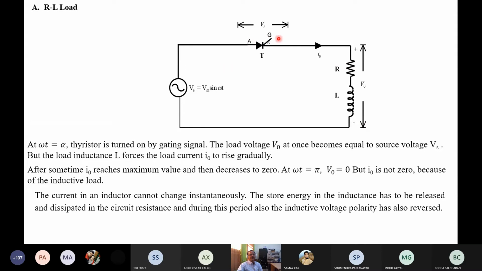The voltage is reverse biased. After pi, the source voltage is negative. But I repeatedly told you in the introduction classes, a reverse voltage is not sufficient to turn off a thyristor.